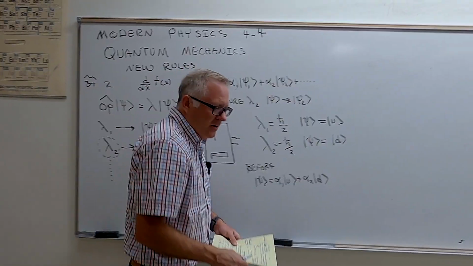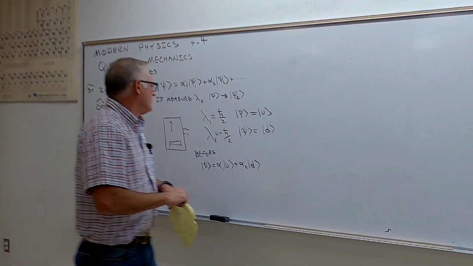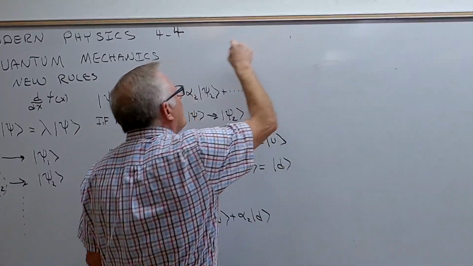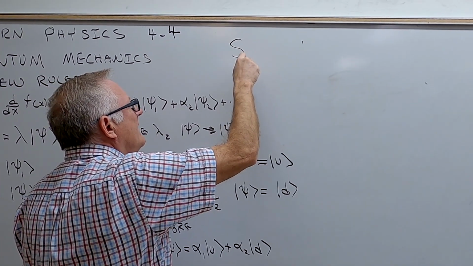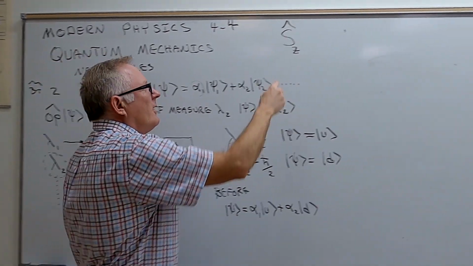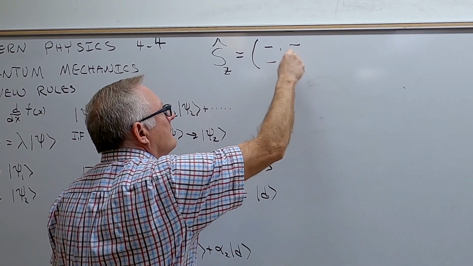Okay, and we do know it's a 2 by 2, because we only got 2 solutions. So we know that my S, we'll call it the spin in the Z operator, since this is in the Z direction, has 4 elements to it. It's a 2 by 2.